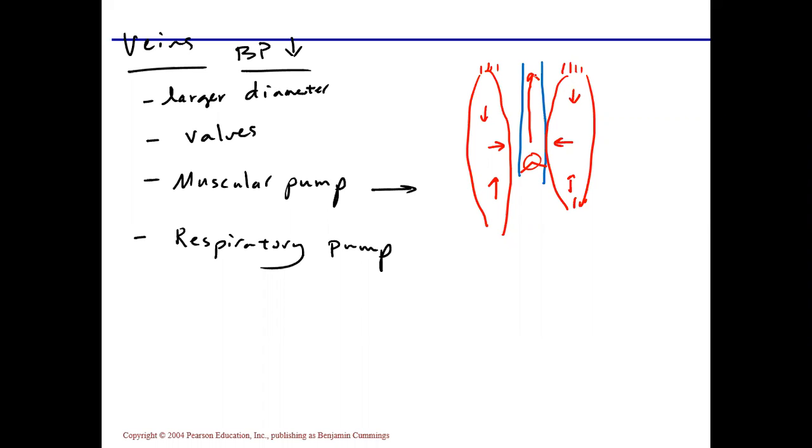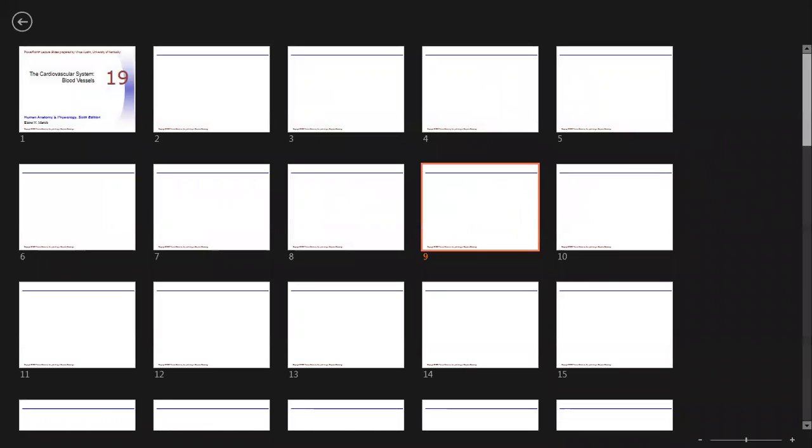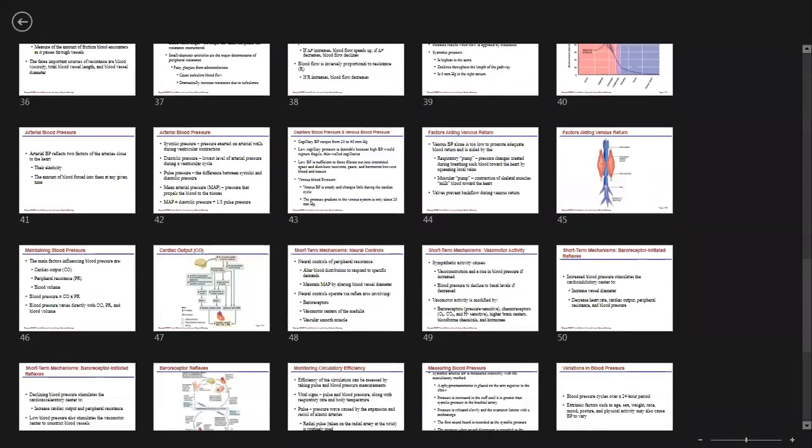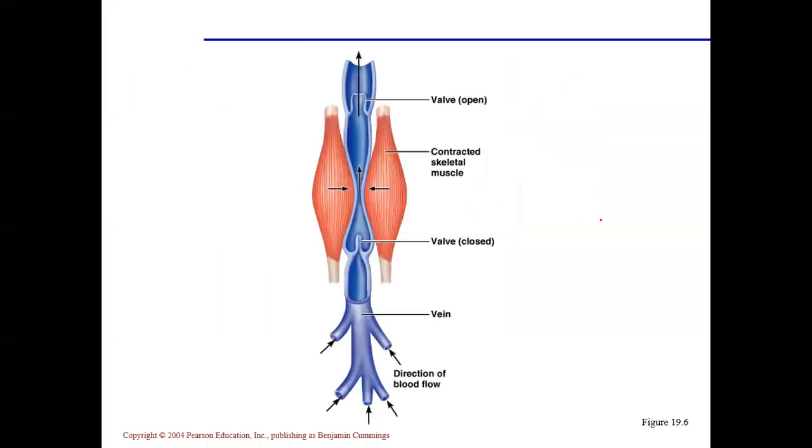So for a skeletal muscle, there's a term called milking the blood towards the heart. It's kind of like that, directing it. A skeletal muscle is extremely important, especially for people that have varicose veins. You might have heard about varicose veins, right? Here's a nice picture of the muscular pump helping.